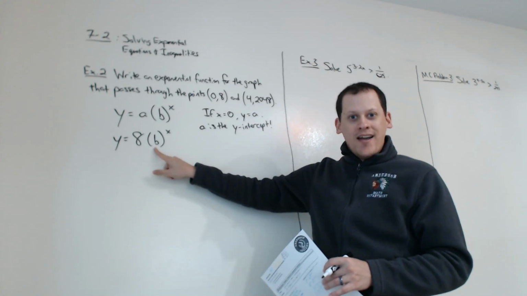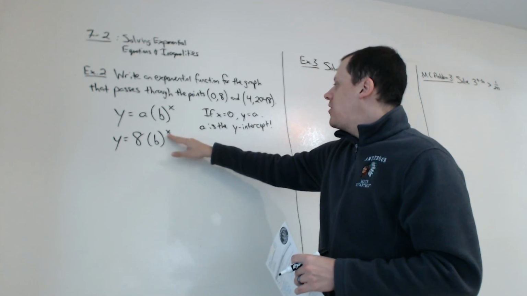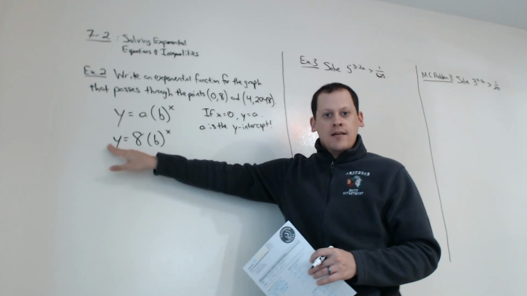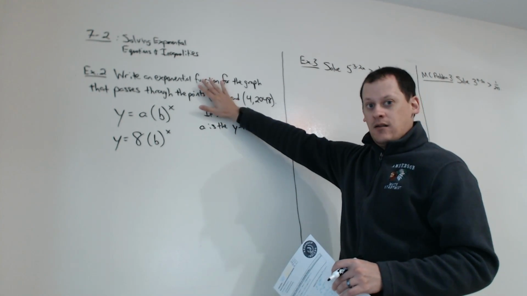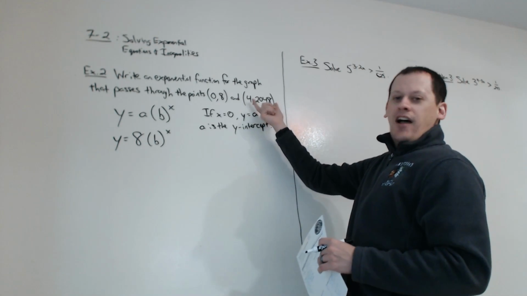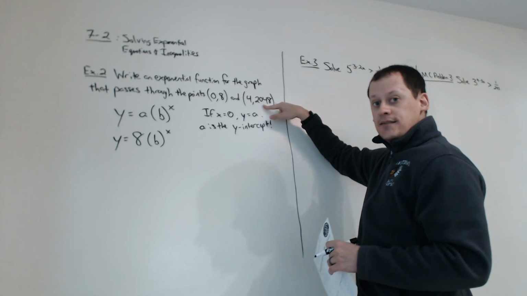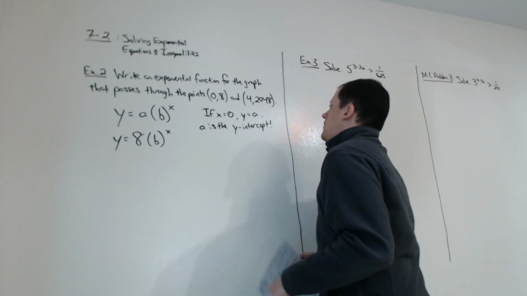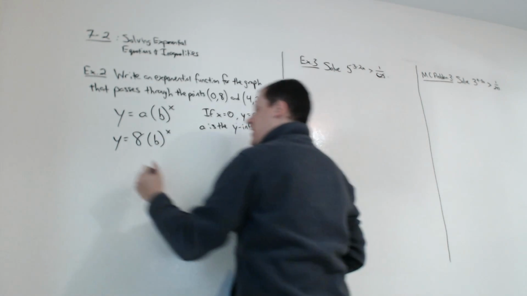That way we can find the letter that's left over. So is there a number we could plug in for x and y that we haven't used already? Because we've kind of used this. We can plug in this set of values. x would be 4 and y would be 2048. That should work. So I'm going to change this y to 2048.